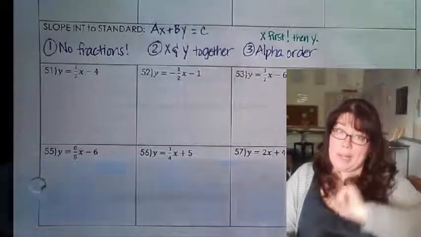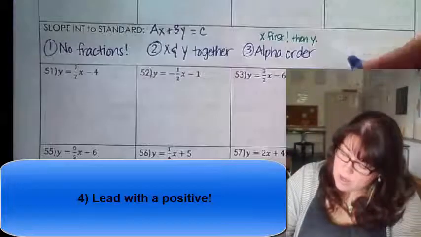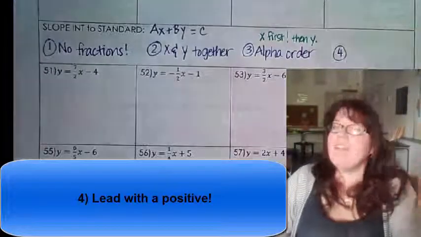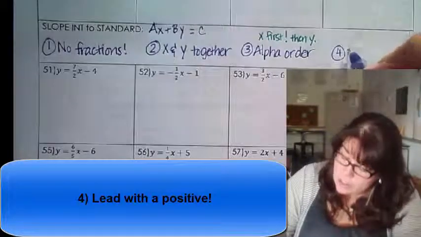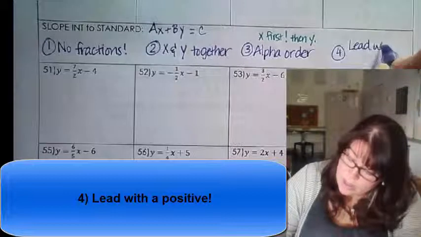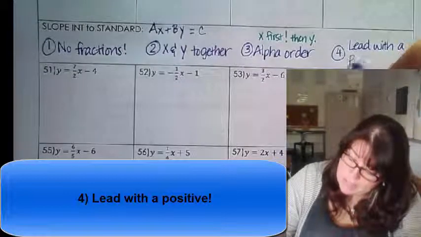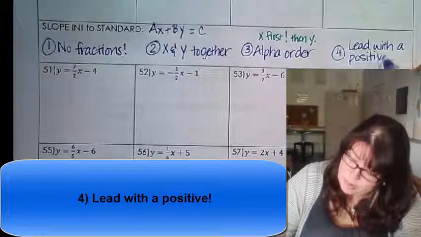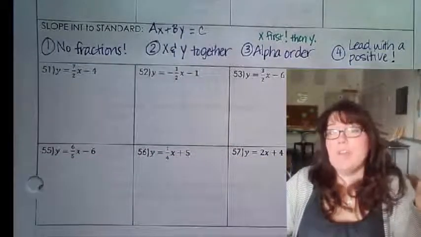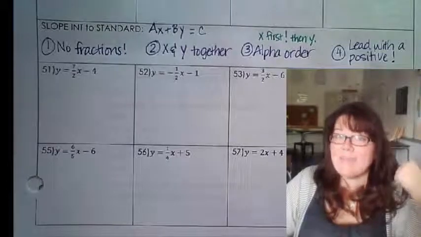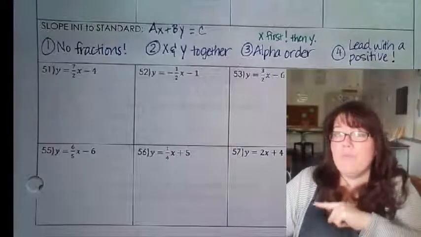Last, but certainly not least, x can have a number out front. That's fine. But you always want to make sure that you lead with a positive. Lead with a positive number. So if your first number, the number in front of x, is negative, divide by -1.